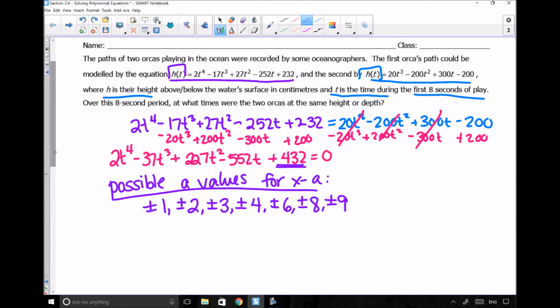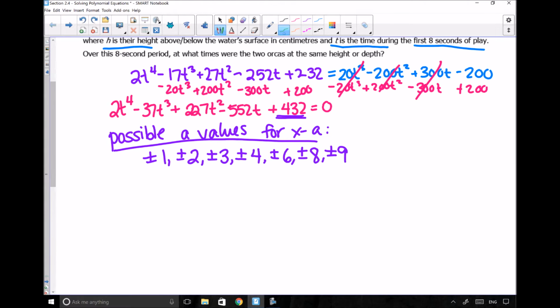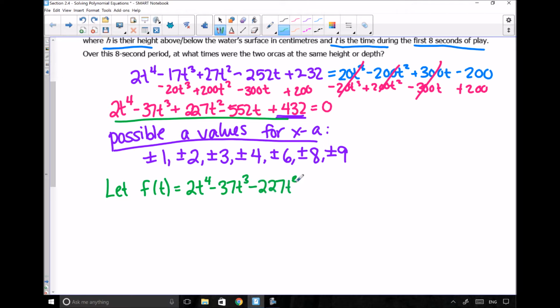Okay, so the next thing I'm going to do is let f of t equal my expression that I have here. So 2t to the power of 4 minus 37t cubed plus 227t squared minus 552t plus 432.